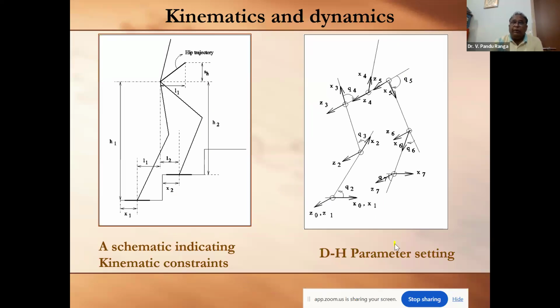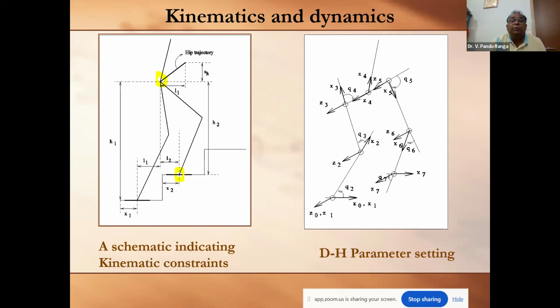So when the biped robot walks, exhibiting characteristics very similar to the human walk, we look at the location of the hip with respect to the position of the foot placement.